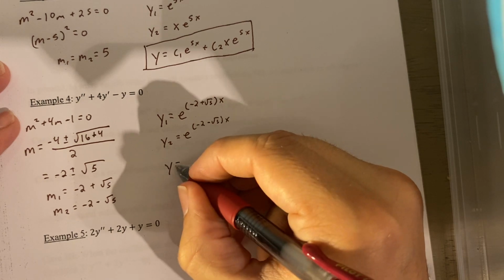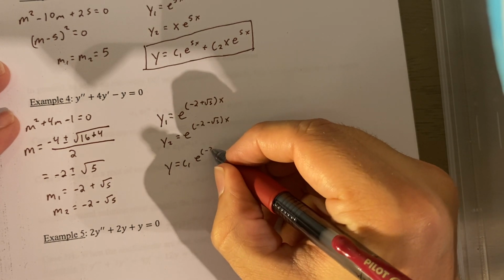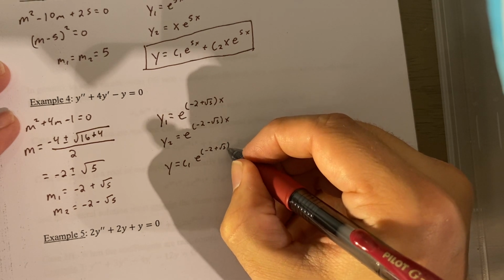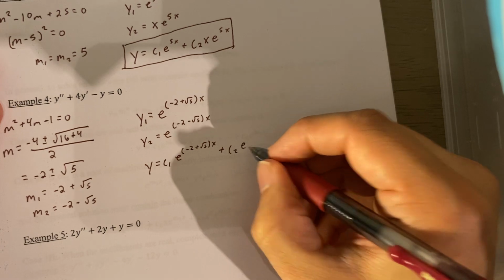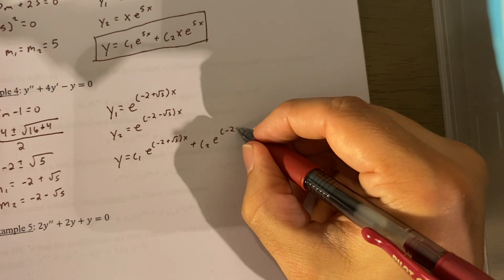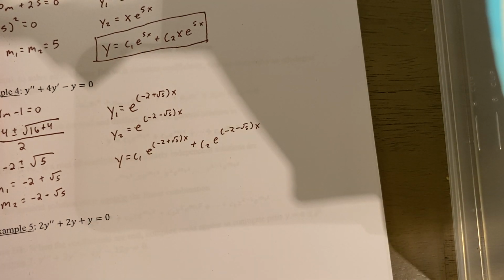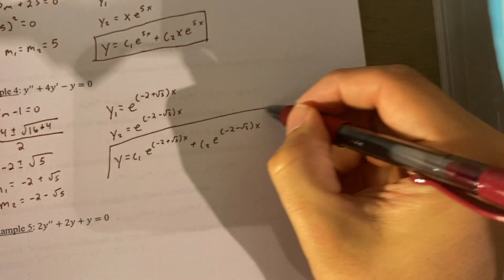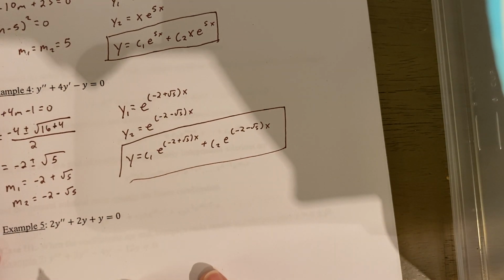And my general solution is just y equals c sub 1 e to the negative 2 plus the square root of 5 x plus c sub 2 e to the negative 2 minus the square root of 5 x. And that is my general solution for that second order differential equation.